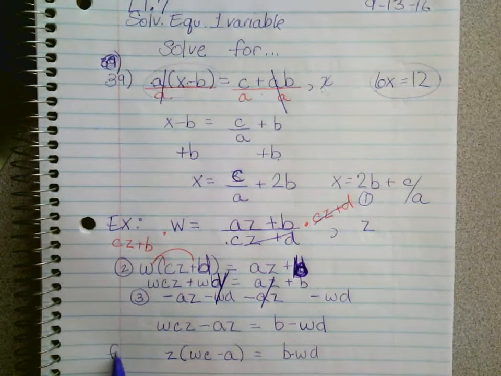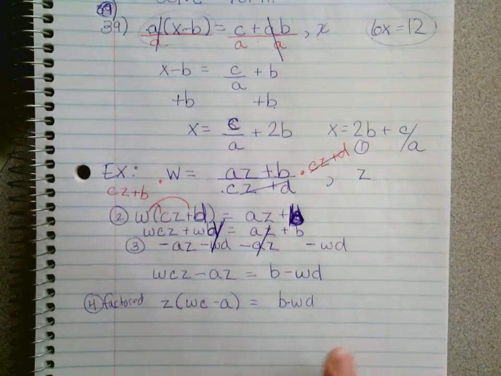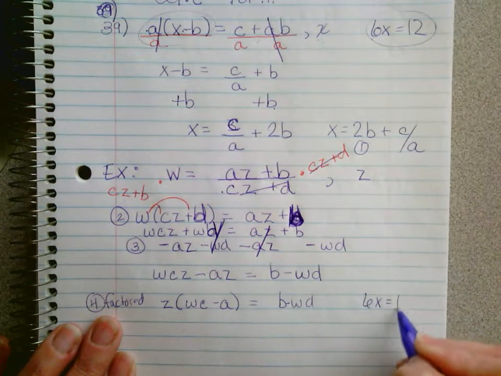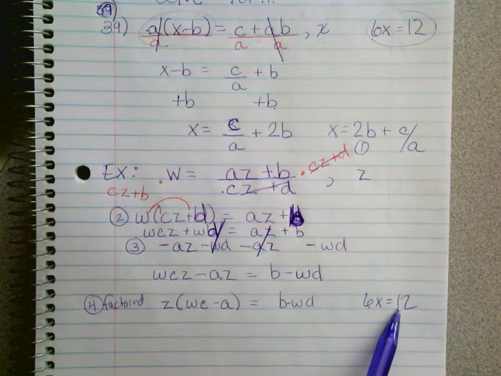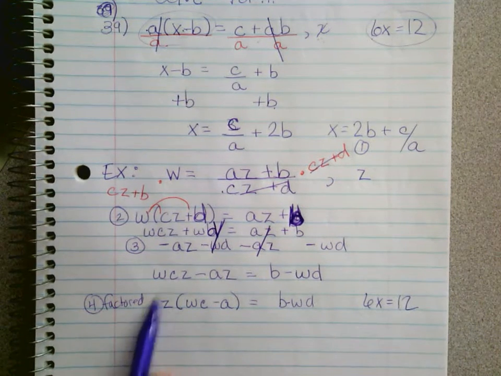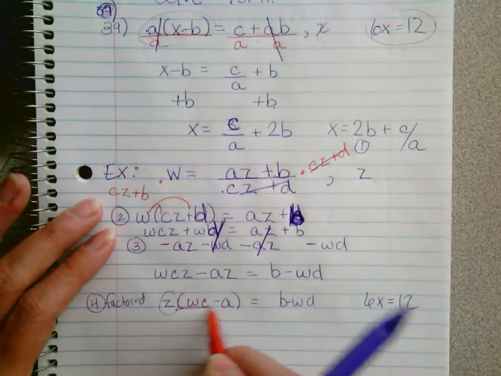So I factored here. That's step 4. Now, just like 6x equals 12, I can divide by 6, or I can divide by the second piece, which is exactly what I need to do to isolate that Z, which is going to look like this.